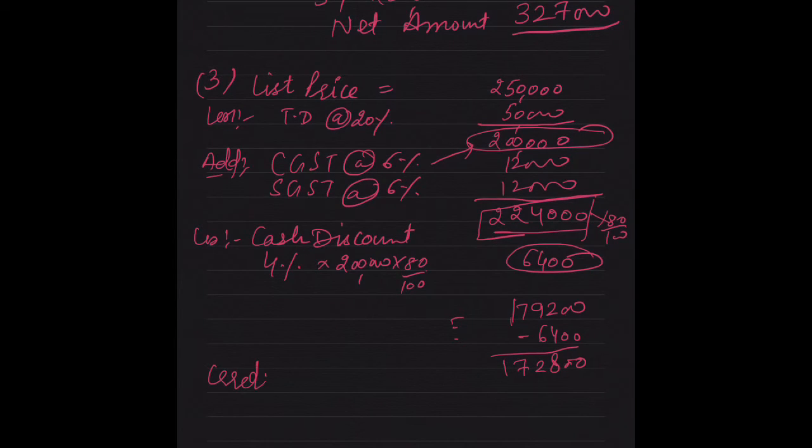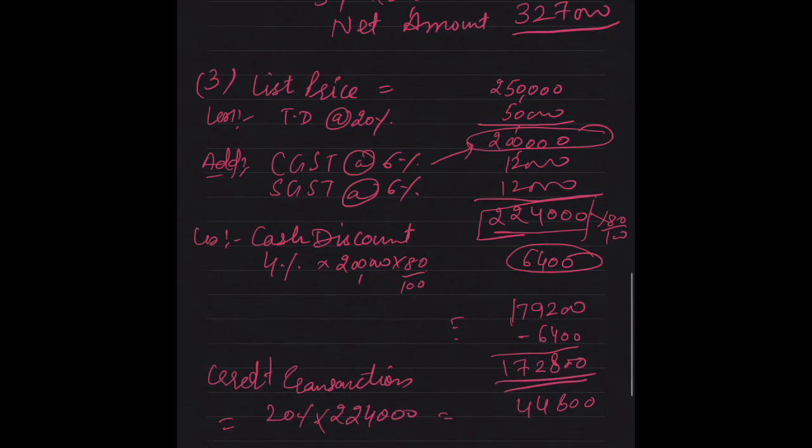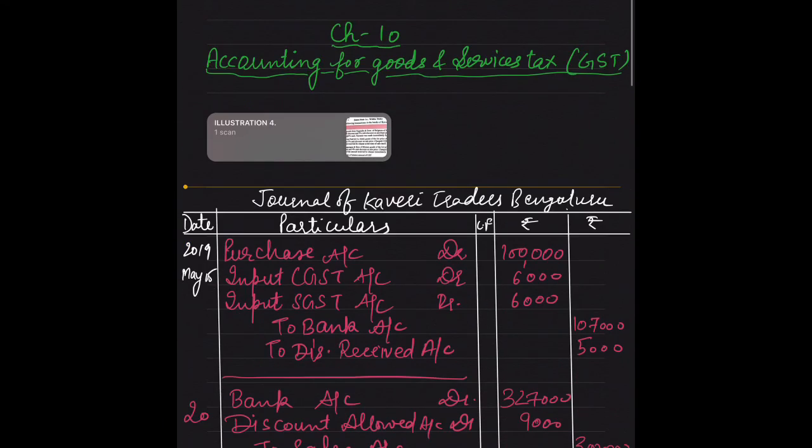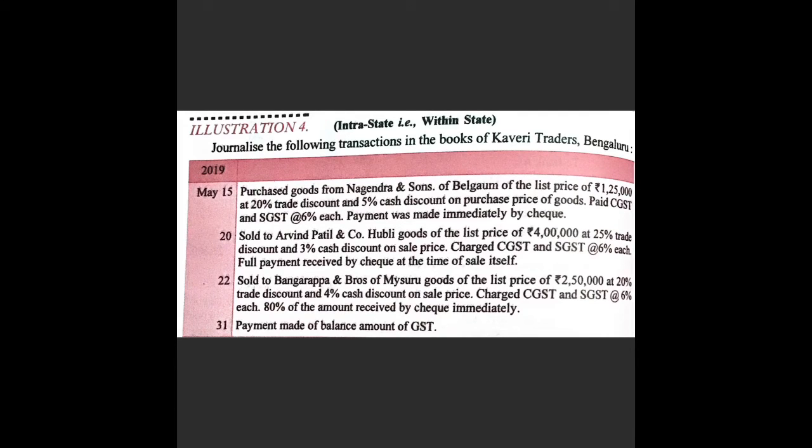Now calculate the credit transaction: 20% of 2,24,000 is 44,800. Now put these amounts in the entry. We calculate the net amount, discount allowed 6,400, and credit amount 44,800, CGST 12,000, SGST 12,000.